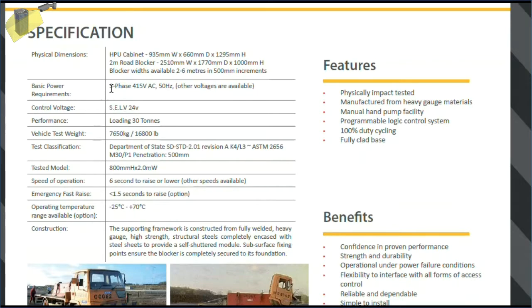Almost all road blockers and heavy equipment similar to road blockers will run on three-phase electrical supply. We have vehicle test weight, which is 16,800 pounds. Test classification is according to Department of State.